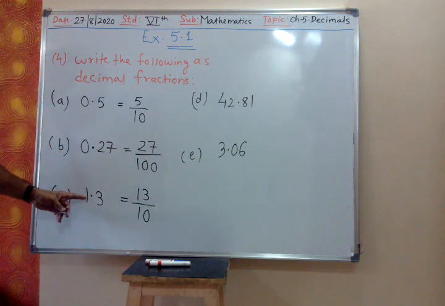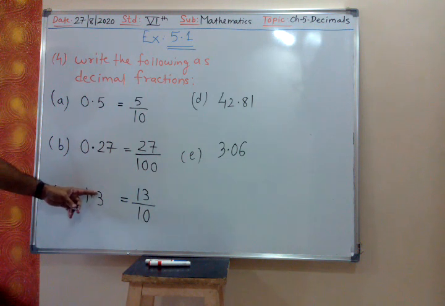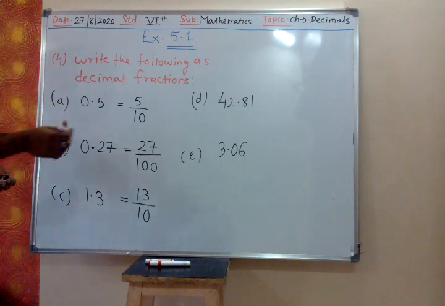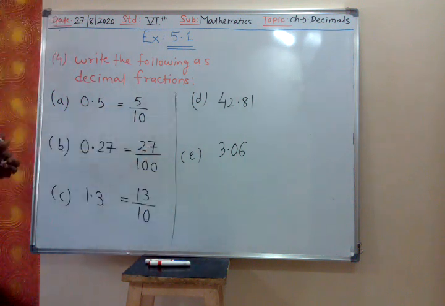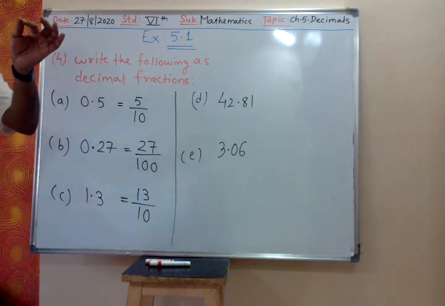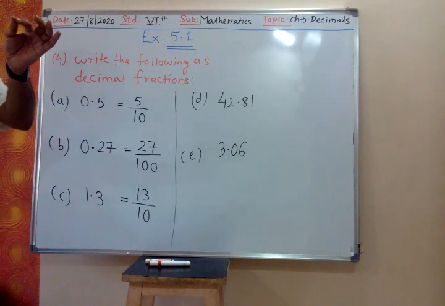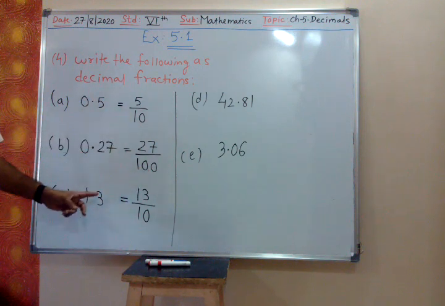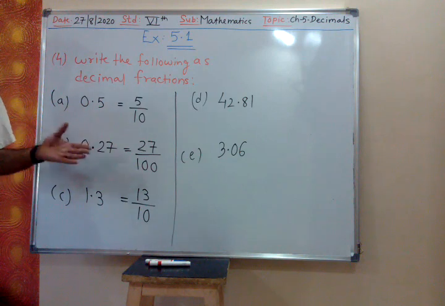So I can remove this decimal. That will be 27 upon 100. If there are two digits after decimal, in the denominator I want two zeros. One digit, I want 10. You just remove the decimal.